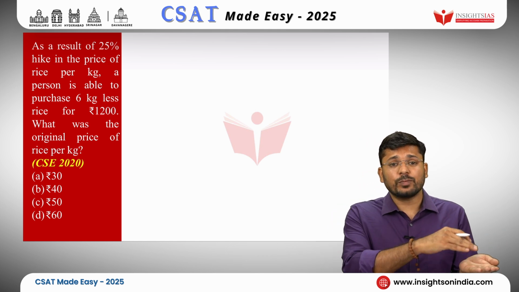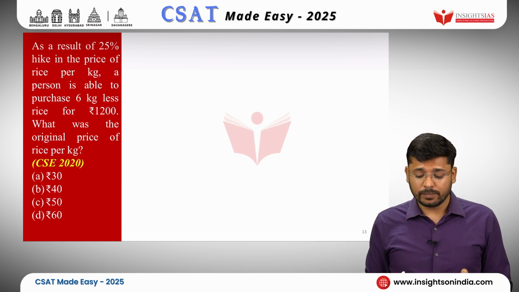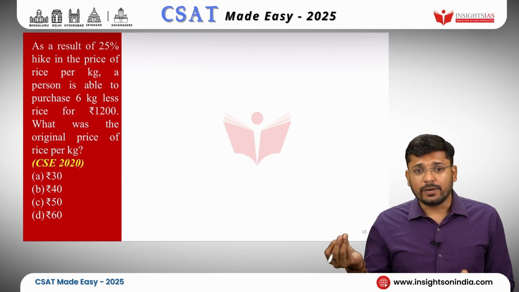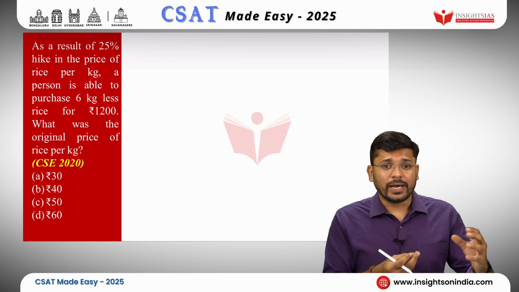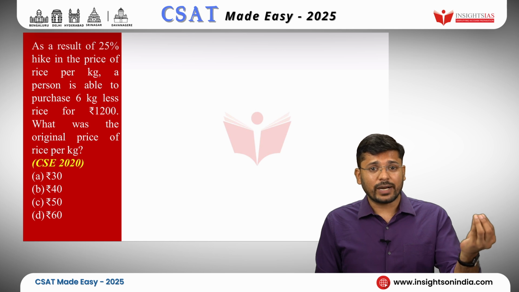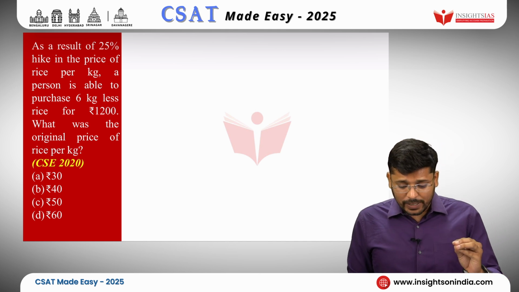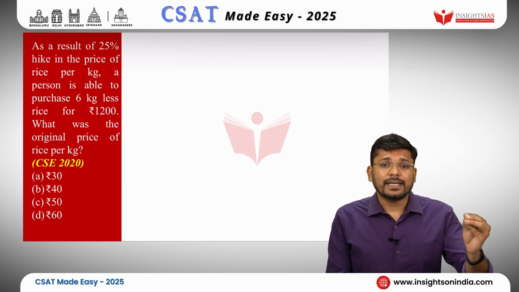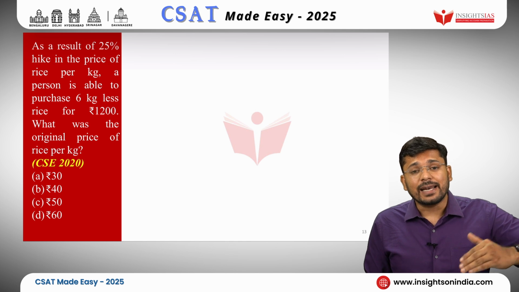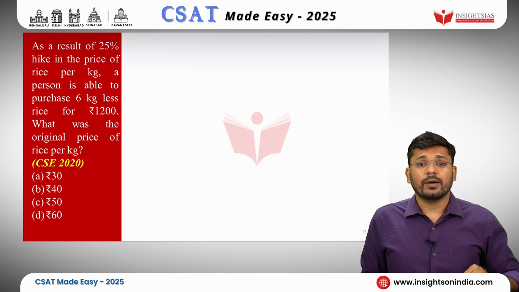It was increased by 25%. Now, this person used to buy a certain number of kgs of rice for rupees 1,200. But because of this price hike, for the same 1,200, he is now able to buy 6 kg less rice than what he used to buy before.